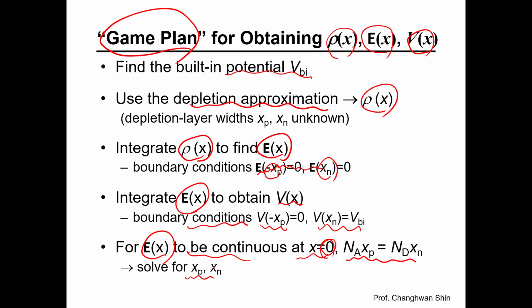This systematic approach, as I have just described, is like solving a mystery by following a chain of evidence. Each step gives us new information that builds on previous findings, ultimately giving us a complete picture of the electrostatic conditions in the PN junction.